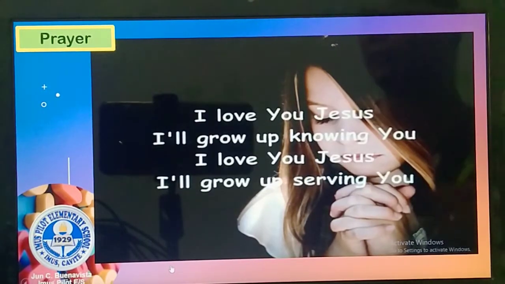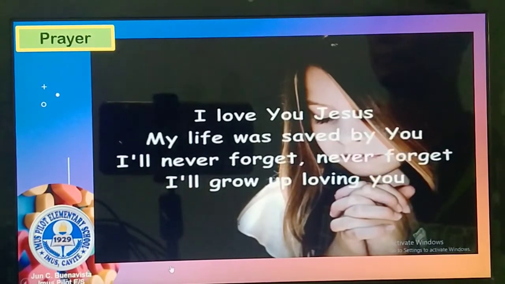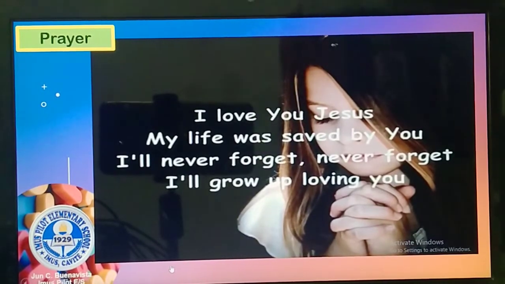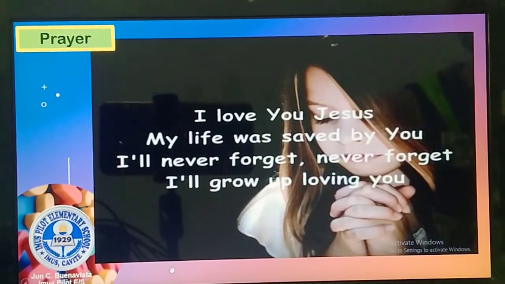I love you, Jesus. I'll grow up knowing you. I love you, Jesus. I'll grow up serving you. I love you, Jesus. My life is saved by you. I'll never forget. I'll grow up loving you.